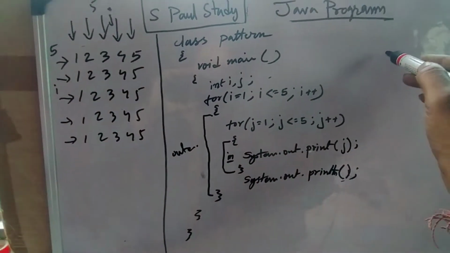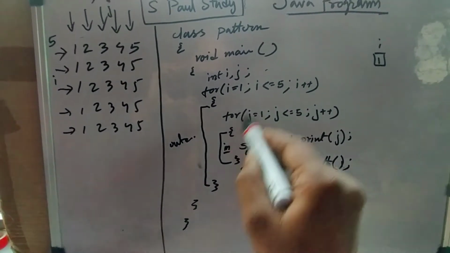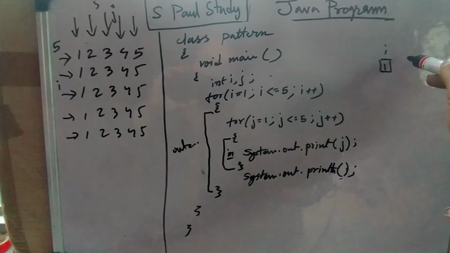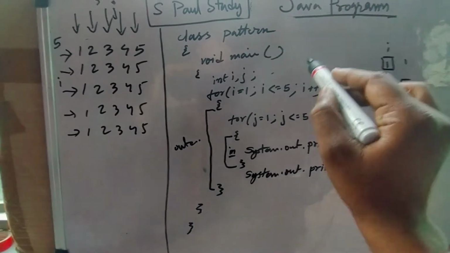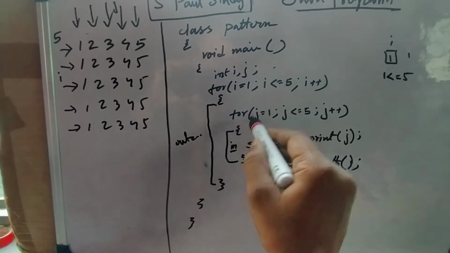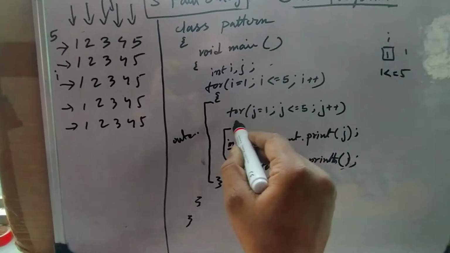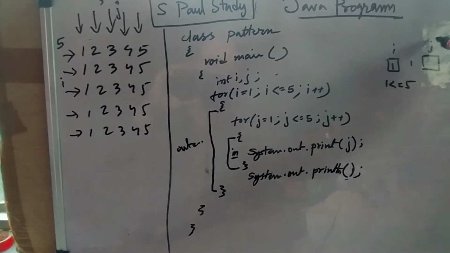So initializing I as 1, we have to check whether I is less than equals to 5 or not. Yes, the condition matches, and it comes down. Then it finds another for loop, that is the inner for loop, j equals to 1.